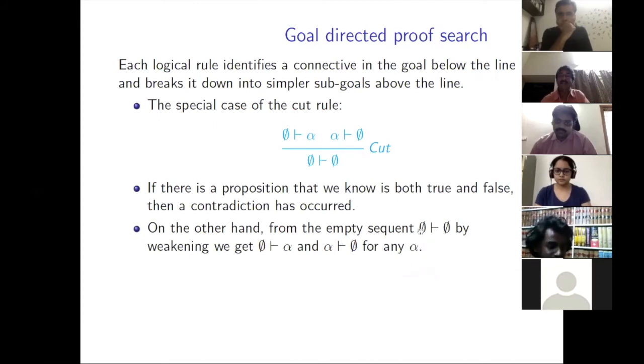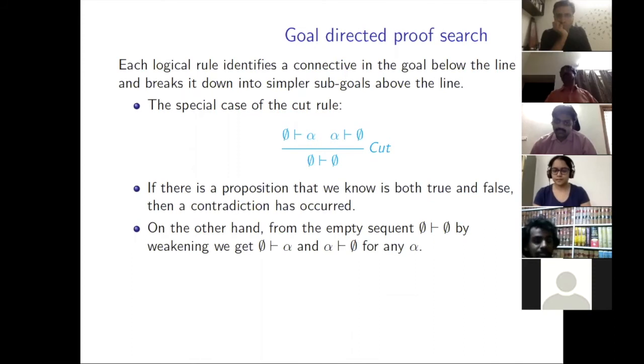On the other hand, suppose you actually have the empty consequent. I can always do weakening. Remember, I can strengthen the conclusion and weaken the assumptions. So I can get this as well, right? So from a contradiction, you can get the empty sequent.